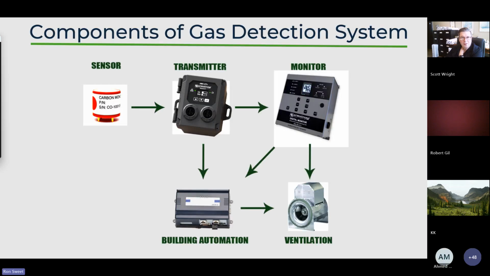The components of a gas detection system consist of that little sensor element I was speaking of, that will detect the target gas, which is fitted into a transmitter. The purpose of that transmitter is to amplify and reduce the noise on the very minute output out of that sensor element.